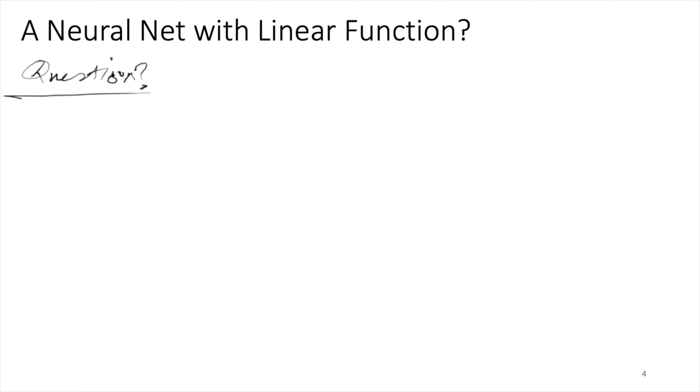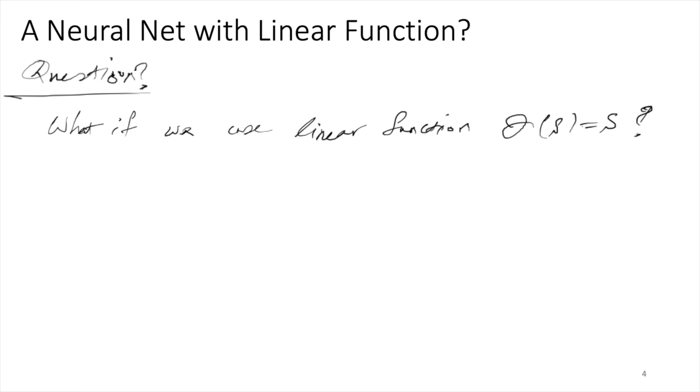One question would be why can't we have a good working, high performance and high accuracy neural network with a linear function, right? So what if we use a linear function instead of sigmoid? We use theta of s equal to s, which is a linear classifier, right?